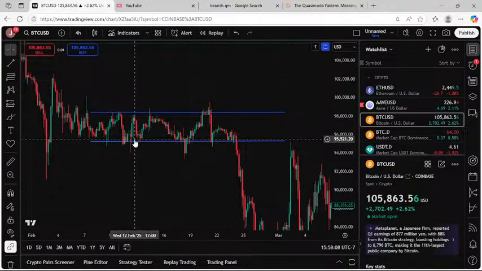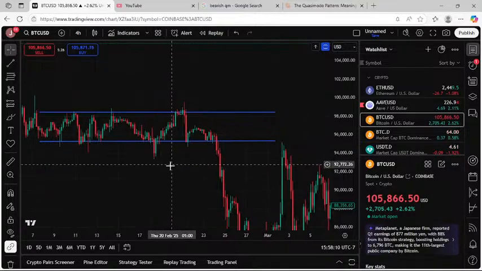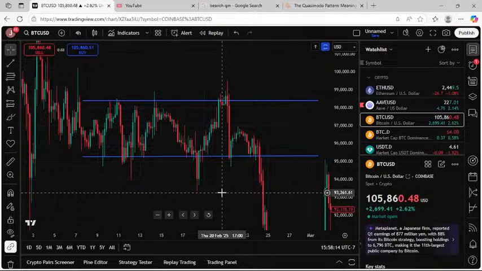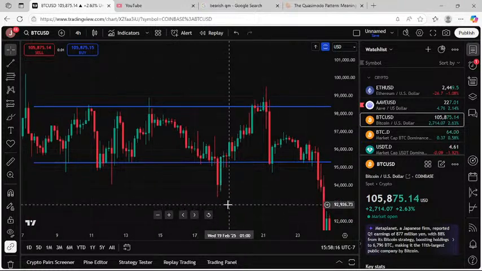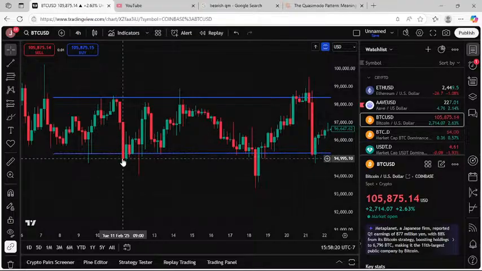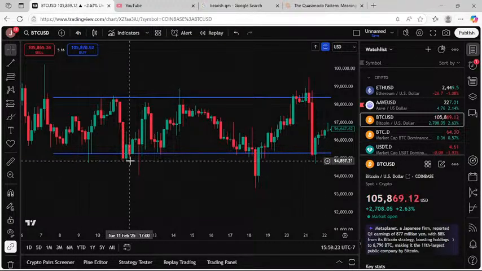Basically, all you're really going to want to do is use this as a guide. It's not an absolute. So if you get a deviation to the downside, what you'll want to do is oftentimes let the candle close and see what direction it goes, or see if it begins to pull back.